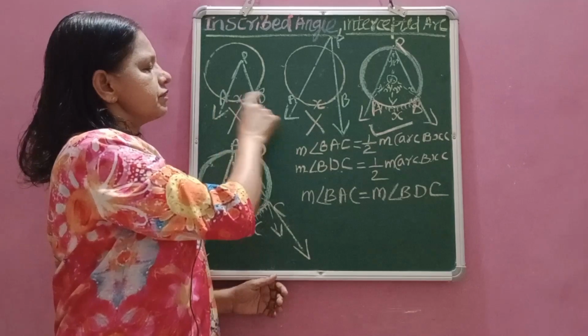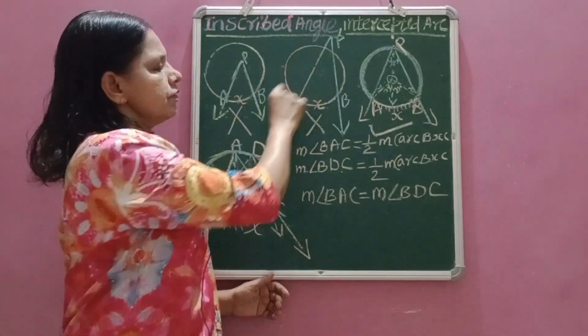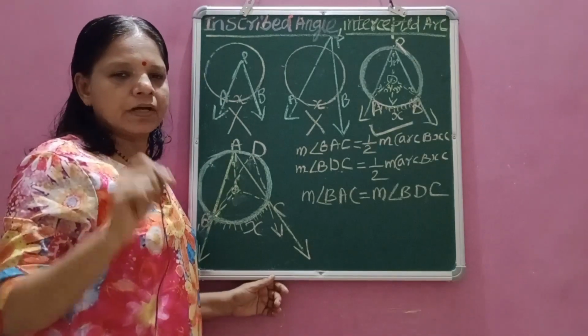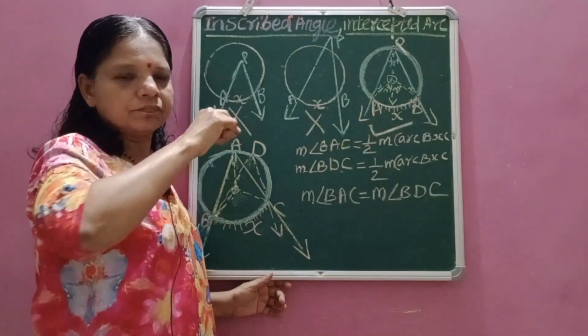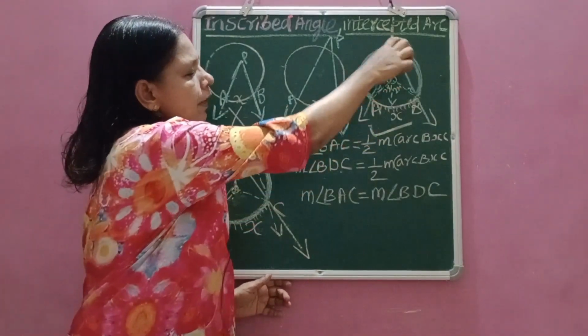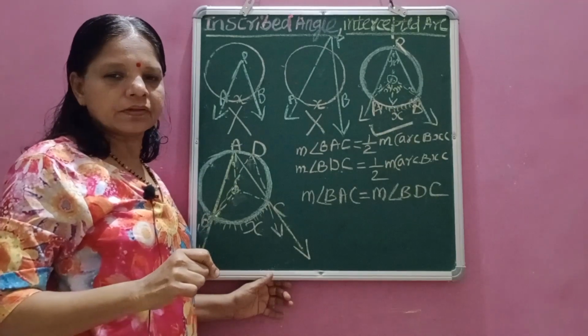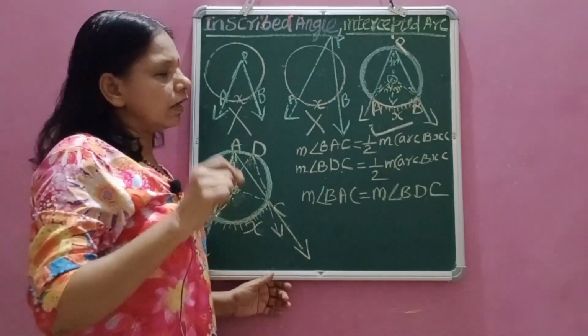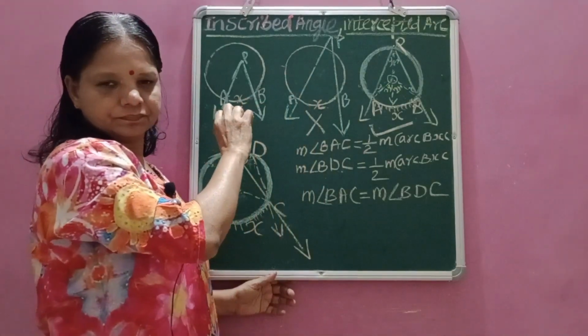in the first and second figure, the angle APB is not an inscribed angle. In the third figure, angle APB is inscribed in the arc APB, the major arc.